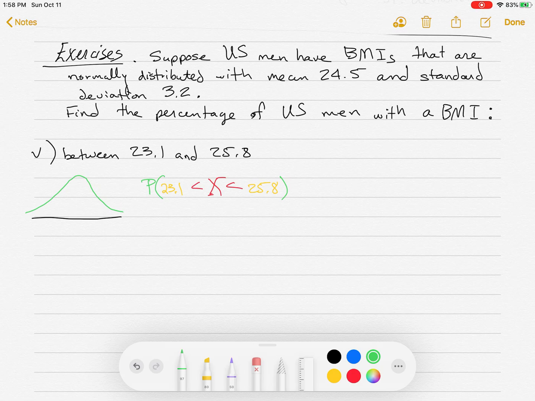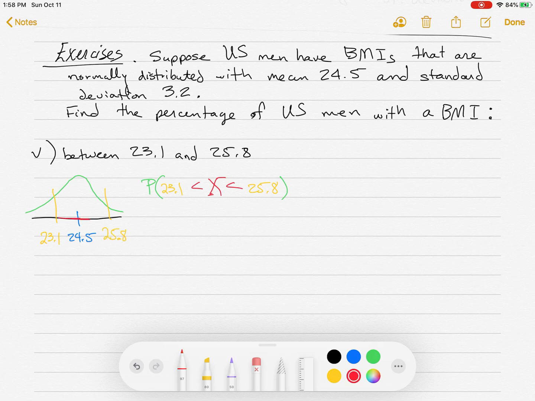Okay, let's just graph this one. Let's draw a picture so we have an idea. You have your normally distributed random variable X, which represents BMIs, and has this density curve. In the center you have 24.5, that's the mean, the average.